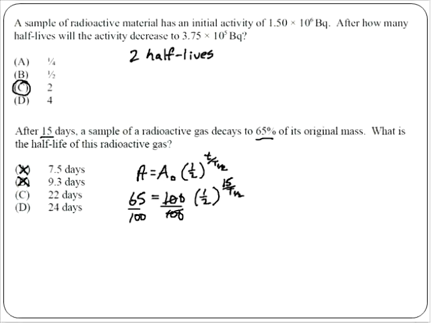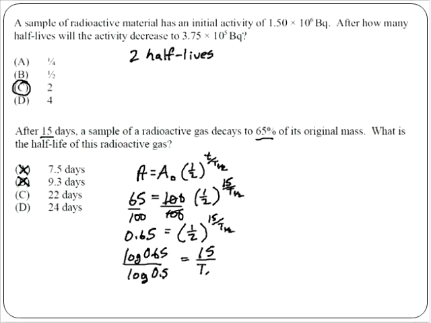And that gives me 0.65 is equal to a half to the power of 15 over T 1/2. Okay, so you solve that the usual way using log. So you'll get the log of 0.65 divided by the log of 0.5, and that's going to equal 15 over the half-life.